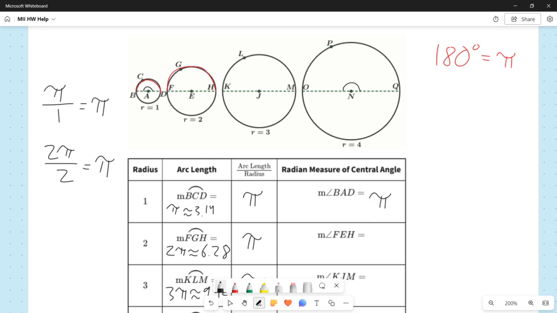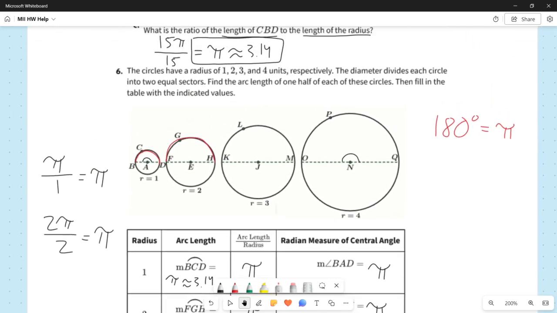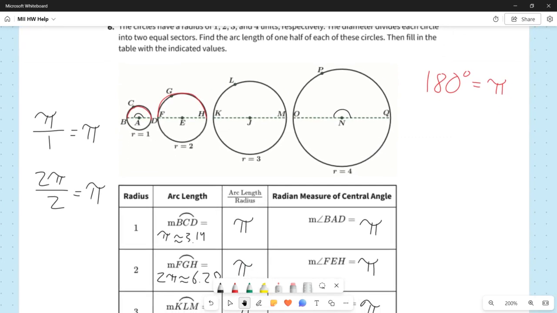By a very similar way of thinking, for our second circle the radian measure is again pi. It's half of a full circle, and a full circle is 2 pi. And again, for the third one, our radian measure at the center is pi radians. And that, I believe, is everything with question number 6.